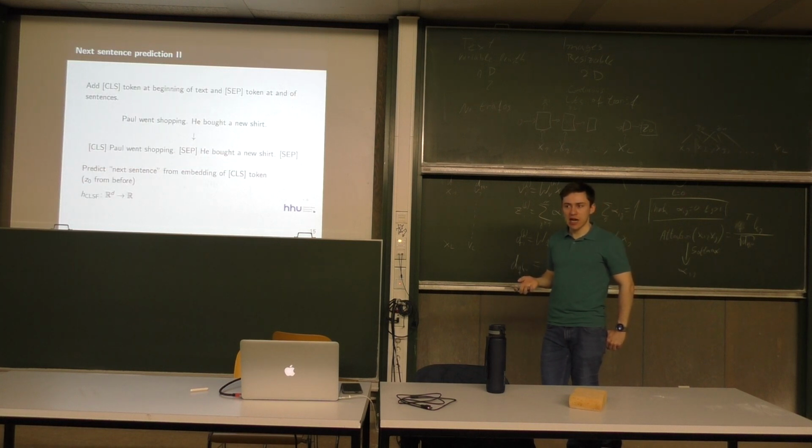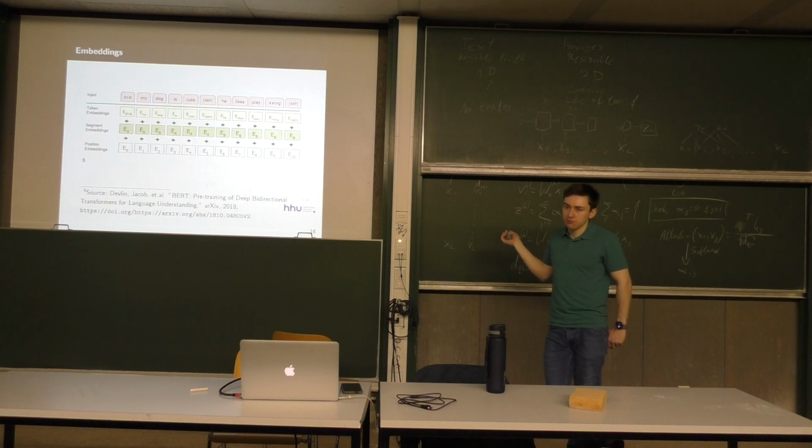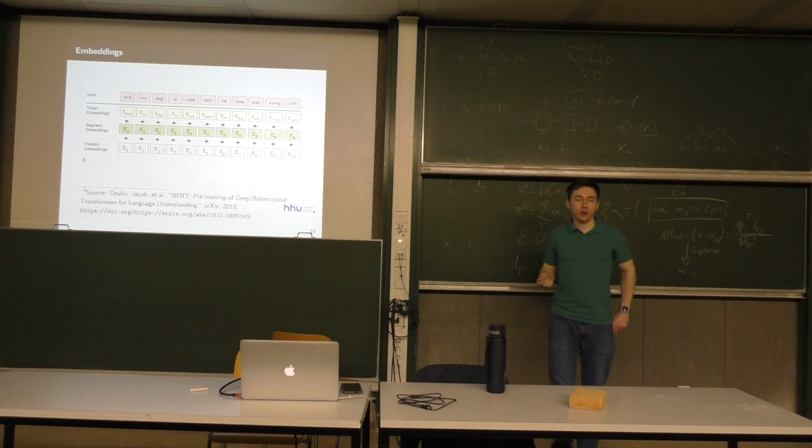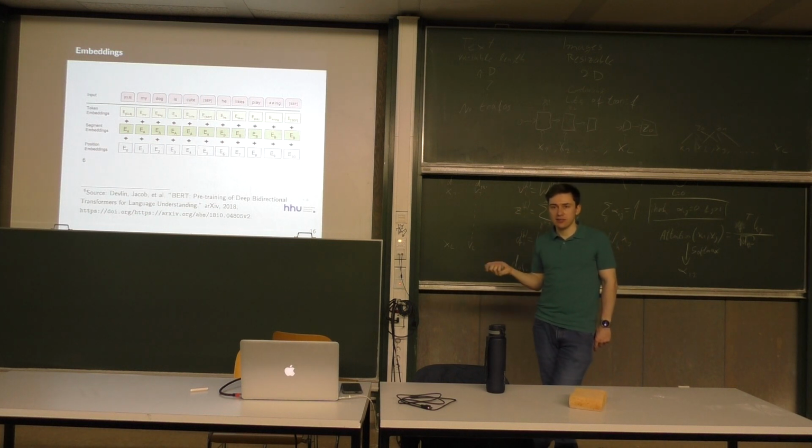Now what's still missing? How do we turn tokens, so integer numbers between 0 and let's say 30,000, into vectors? And the answer is we just learn it. So basically we learn for each token a vector in some dimensions, and we train this with gradient descent like before.